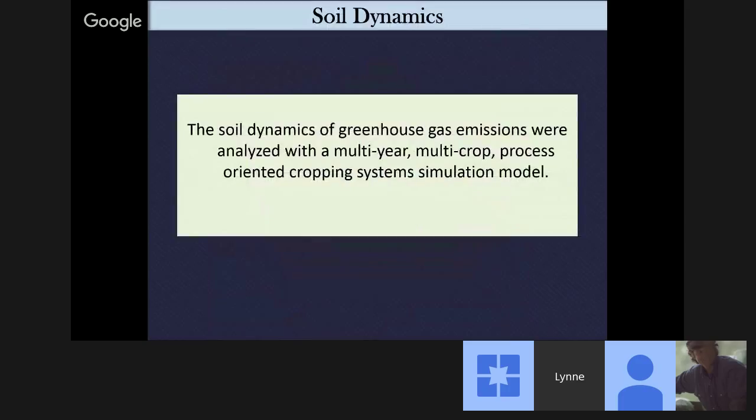And part of this was also an assessment of the soil dynamics, looking at the gas fluxes and carbon exchange in the soil using a separate model that is built into the OFoot system and simulates crop and soil dynamics.